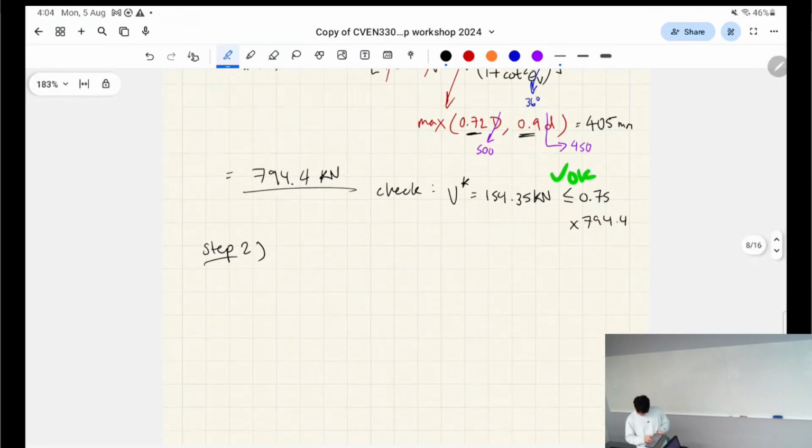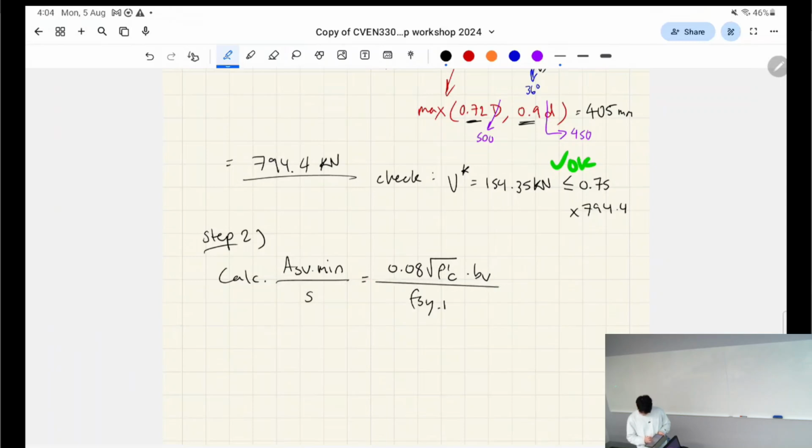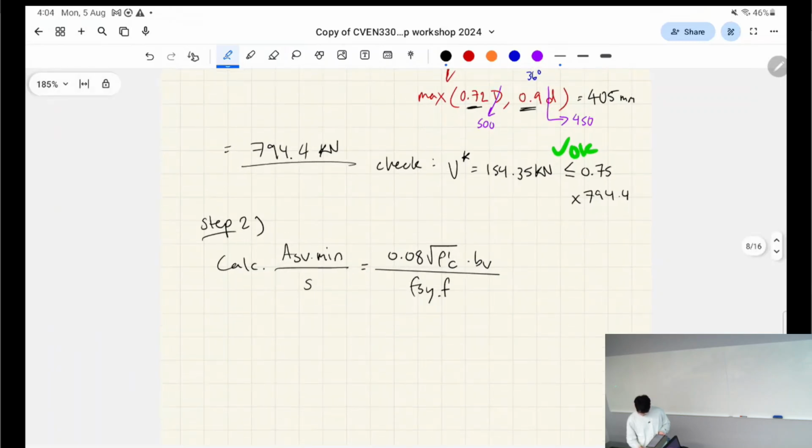Step 2, we need to check what the minimum steel requirements are. So this also has a formula. So fsy.f, that's actually given in the question.